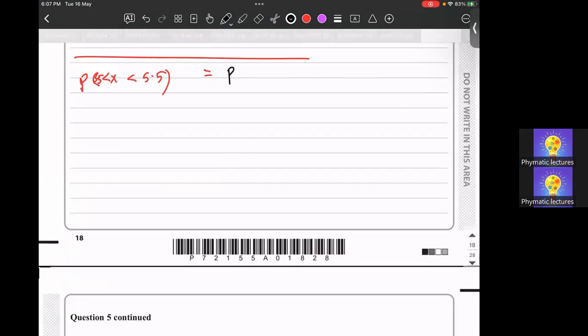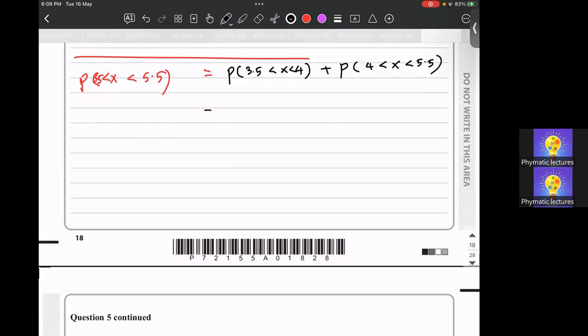So probability of x from 3.5 to 4 plus probability of x in between 4 to 5.5.